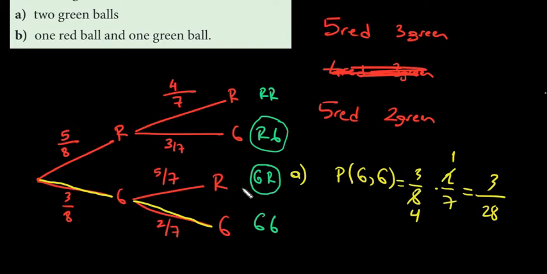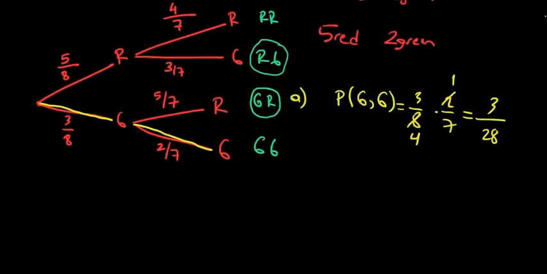In this example, the order does not matter. But for example, in another example, it may say, in the first, I want to get a red. In the second, I want to get a green. So now we are going to use this. Or it may say, in the first, green. In the second, red. So this is going to be the probability. But it says 1 red ball and 1 green ball. That means we just add them together. Okay? So let me write here.